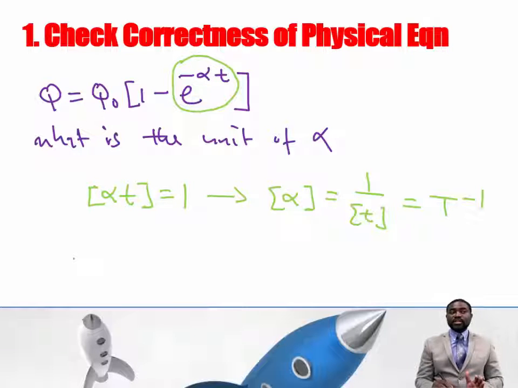But not everything that is dimensionless is unitless. In other words, if you don't have units, you don't have dimensions. But if you don't have dimensions, you can still have units.